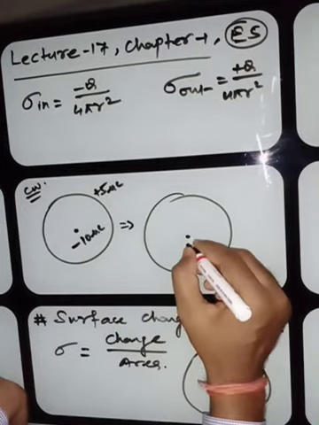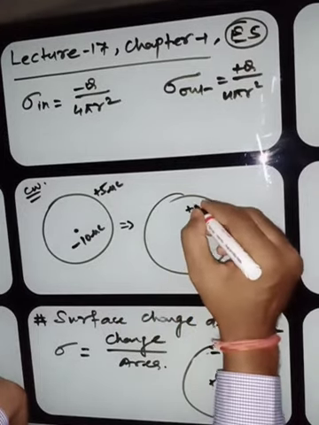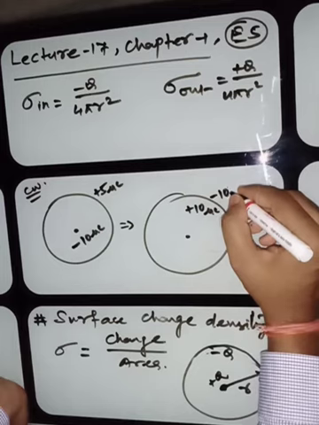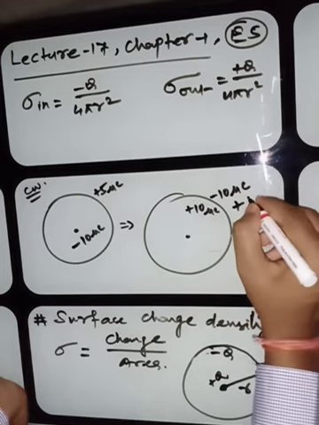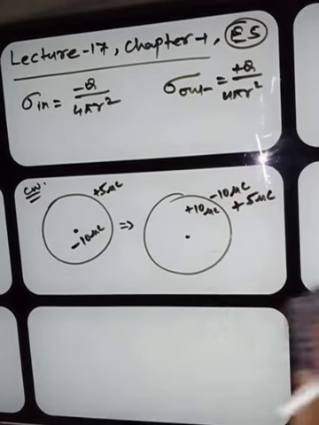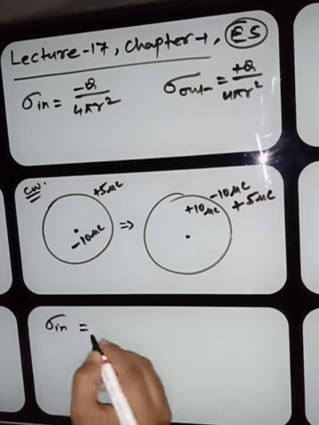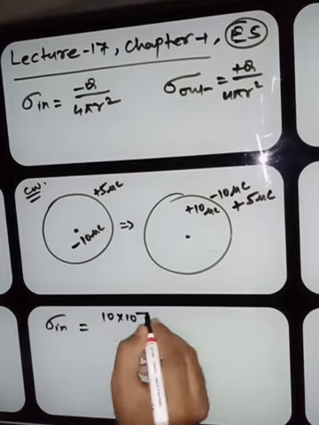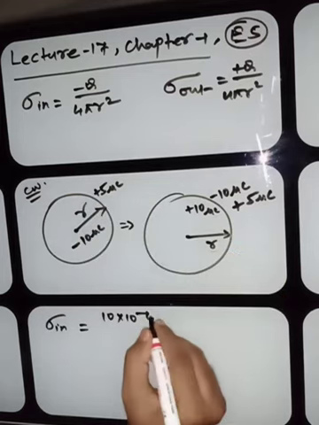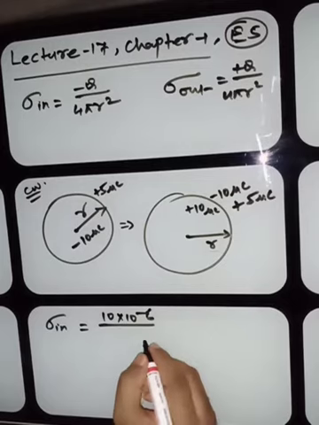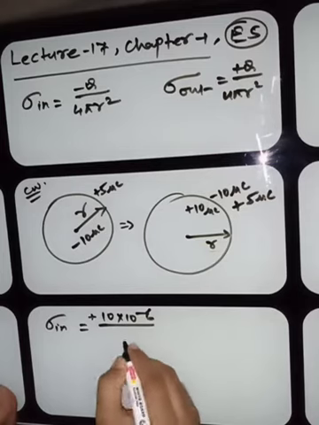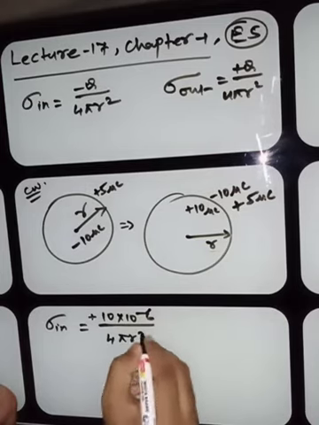Here at the center, minus 10 microcoulomb, so plus 10 microcoulomb will be induced, and the minus 10 microcoulomb will come out. But already 5 microcoulomb is here, and charge has an additive nature. So the total charge, that is sigma in, will be 10 times 10 power minus 6 coulomb, divided by the area 4 pi r square, with positive nature.